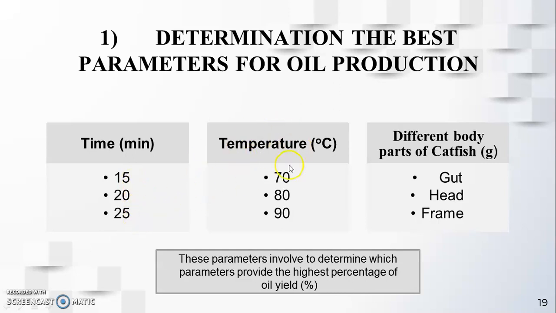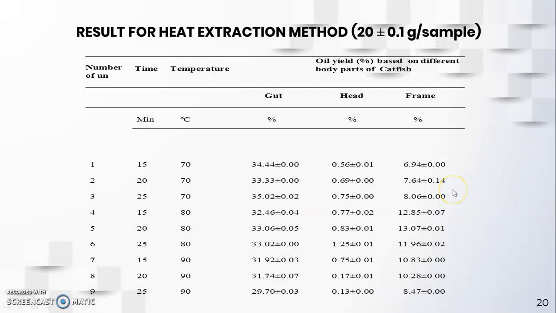The second parameter is temperature, which is 17, 18 and 19 Celsius. And lastly, the parameter involved is different body parts of catfish, which are gut, head and frame. So as you can see here, this is the overall result for heat extraction method.